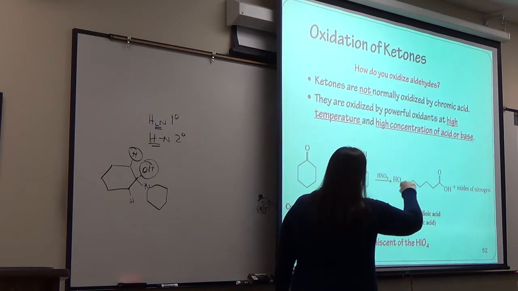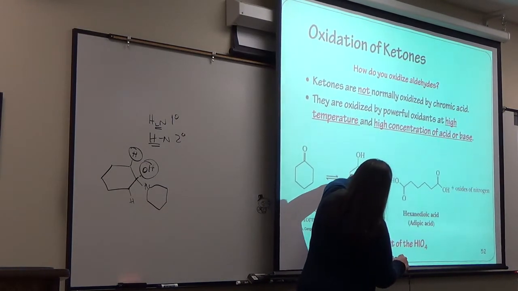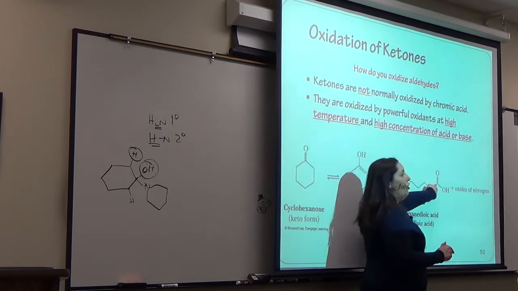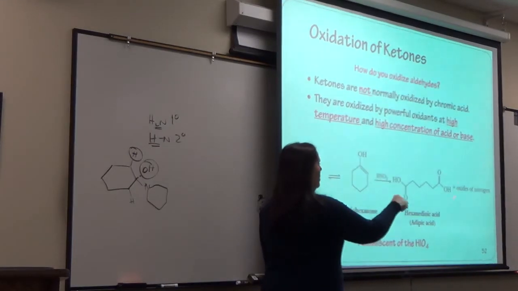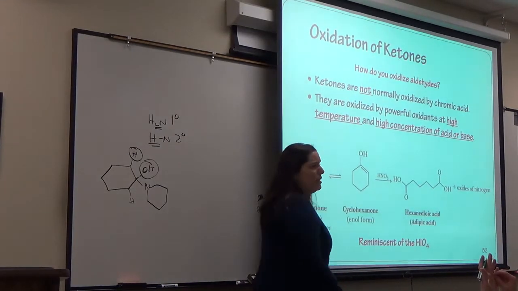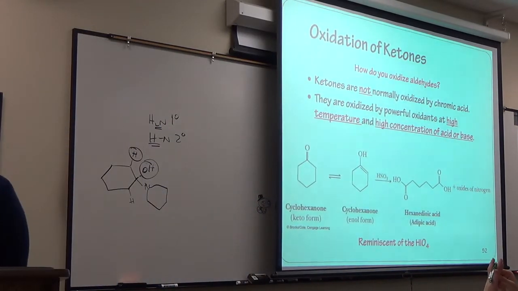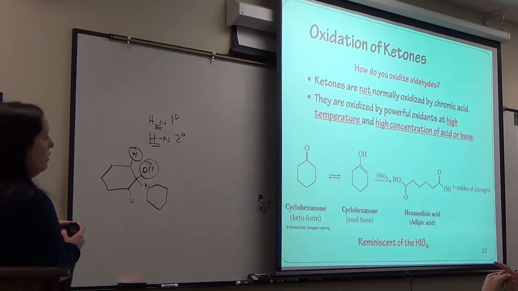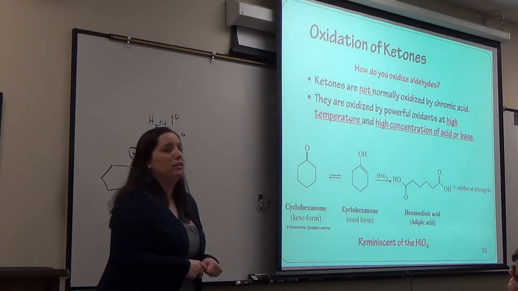So basically it's opening here, so you have 1, 2, 3, 4, 5, 6 carbons, and at each of the ends, you're going to get the carboxylic acid. Does that make sense? So this is what happens when you oxidize a ketone. You break at that double bond of the enol, and then you form the two carboxylic acids as a product.